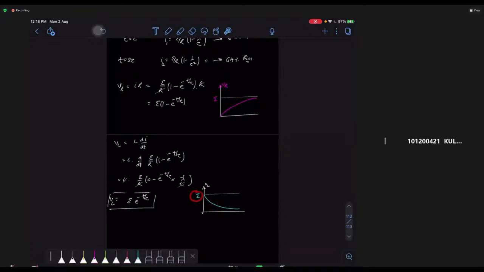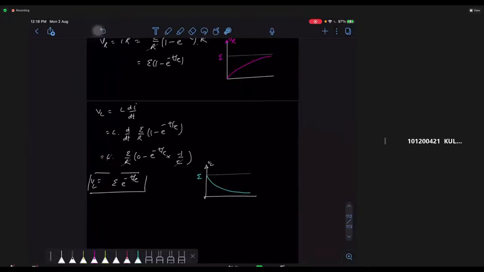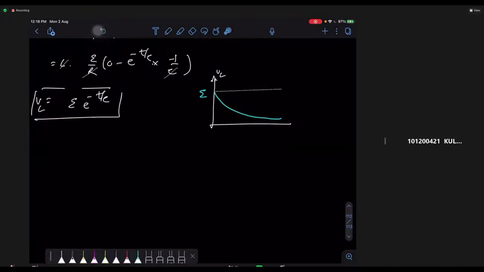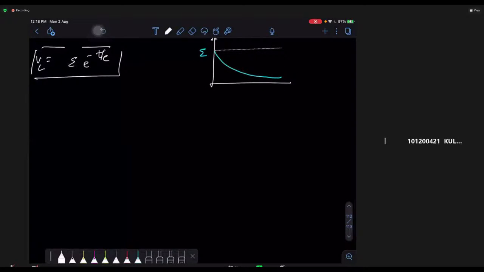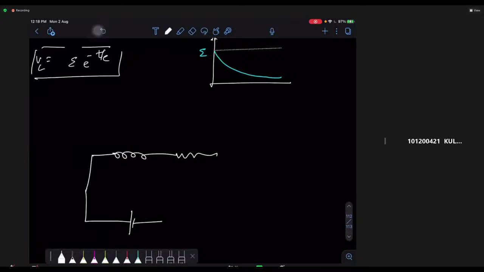So in the beginning it was E, at the end it is 0. Based on this, I'm getting some characteristics of the LR circuit, and these characteristics are also followed by a complex circuit.